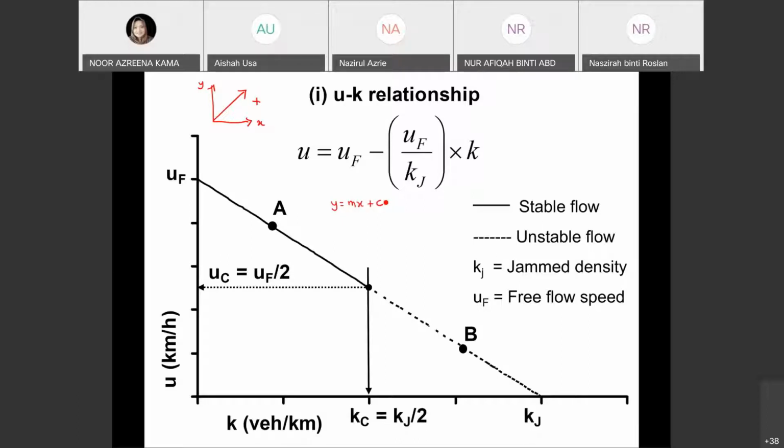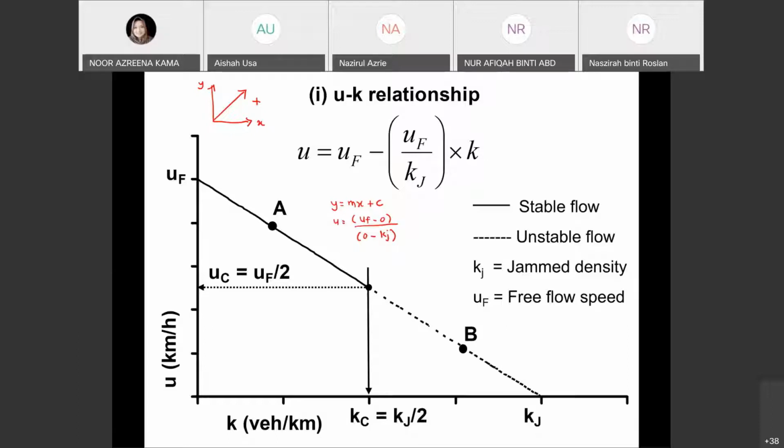Y is the y-axis, and on the y-axis here we have speed, so y is U. Then m is the gradient of the graph. If we calculate, we get UF minus 0, over 0 minus KJ. Right? That gives us the gradient.